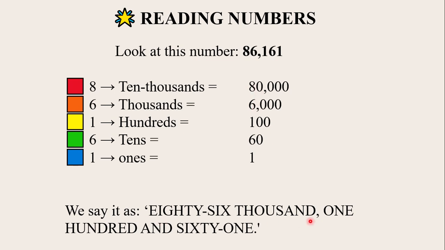So 86,000. Then this is 100. And this last one is 60 and 1. 60 and 1, that is 61. So call it together, 86,161. So we'll take it from here in the next video.